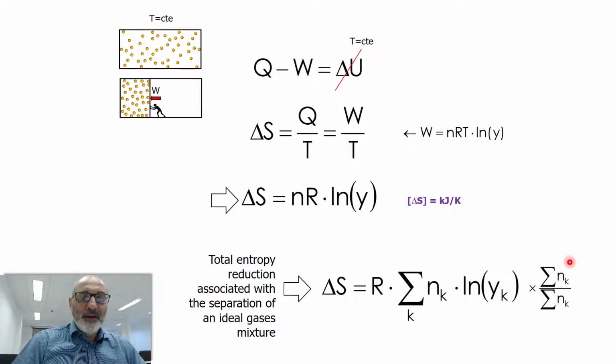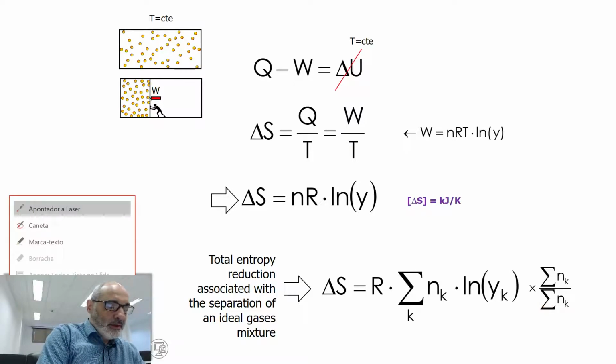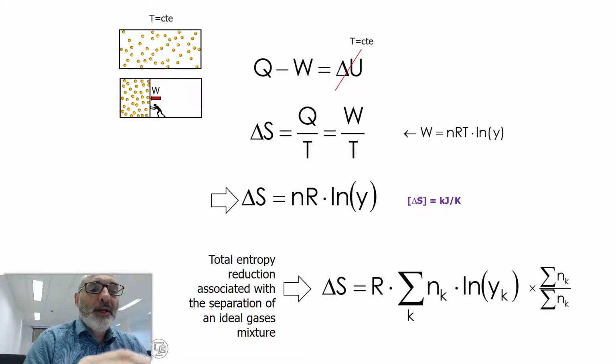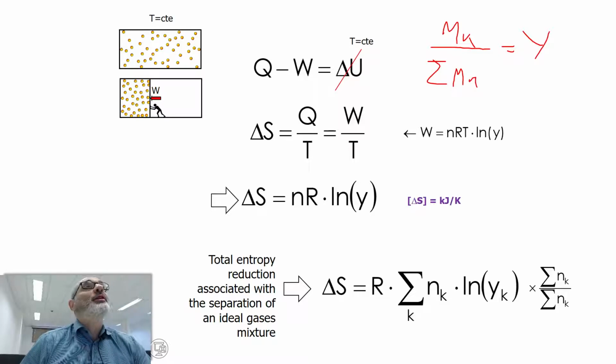So if I divide everything by the total molar flow rate, I'm going to get the corresponding concentrations, because nK divided by the total molar flow rate is a molar concentration, YK.